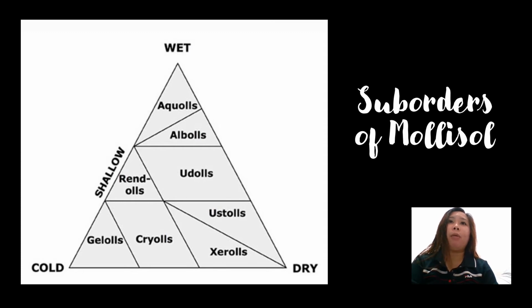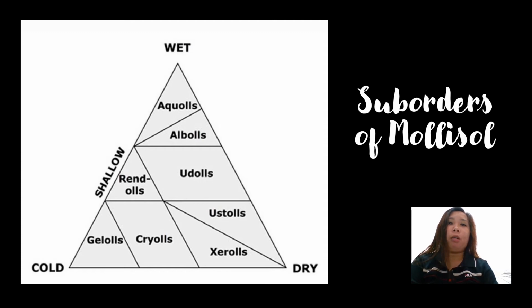limestone or shell bars. You also have the gelolls. These are soils found in cold regions. For cryolls, these are deep, freely drained mollisols with a cryic temperature regime. Xerolls are those soils having a xeric soil moisture regime.